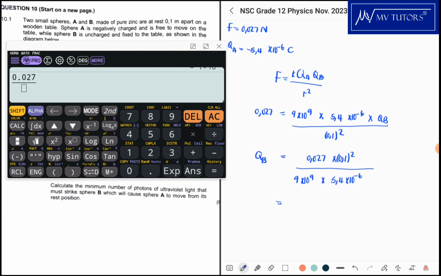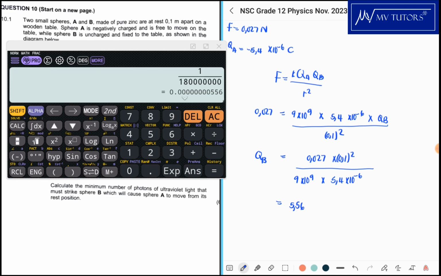0.027 times 0.1 squared divided by 9 times 10 to the 9 times 5.4 times 10 to the negative 6. Whew. Why is it giving me this answer like this? Okay, cool. So what am I getting? I'm just gonna say 5.56.